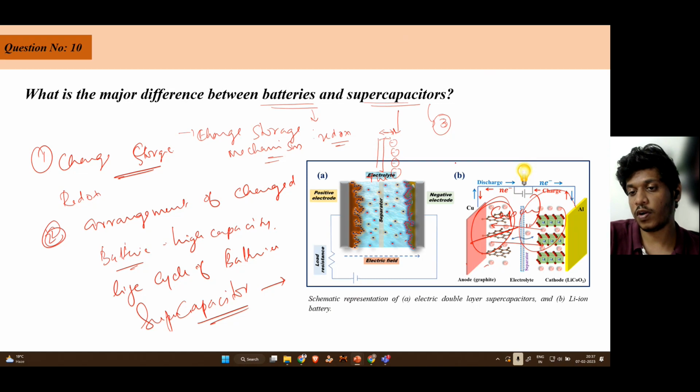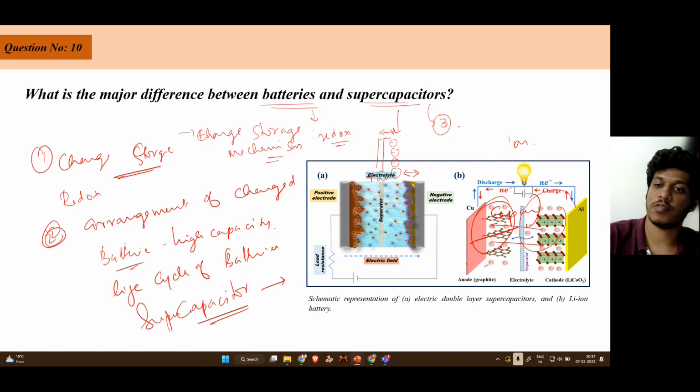So there is a regular movement of charged ions in batteries, whereas here the positive ions accumulate near the negative electrode, and the negative ions accumulate near the positive electrode, giving a smaller distance of separation.